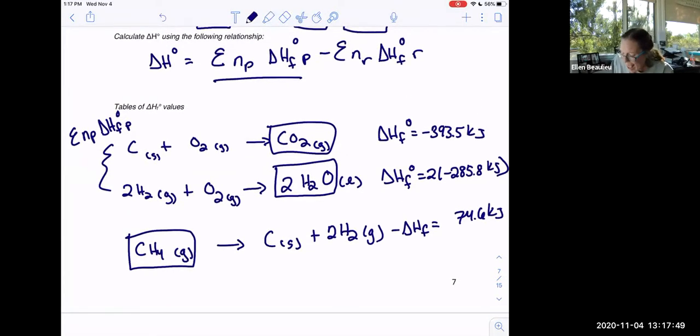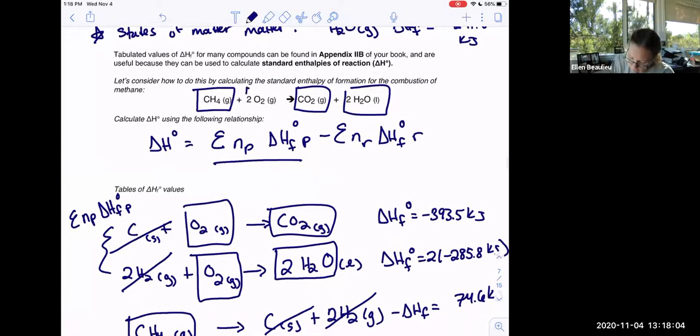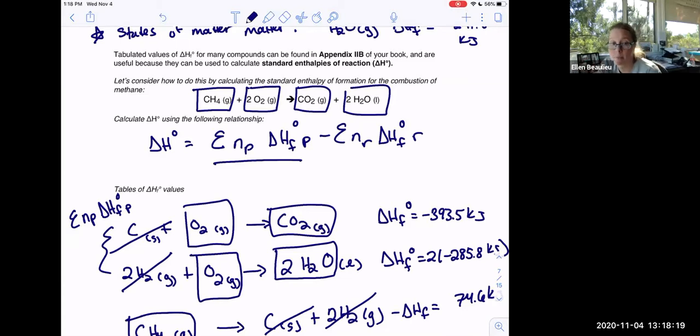All right, in adding this reaction, hydrogen gas goes away, carbon solid goes away. You will see that I have elemental oxygen and I have 2 moles of it from my steps. What's the heat of formation of oxygen gas? 0, because oxygen gas is an elemental substance.